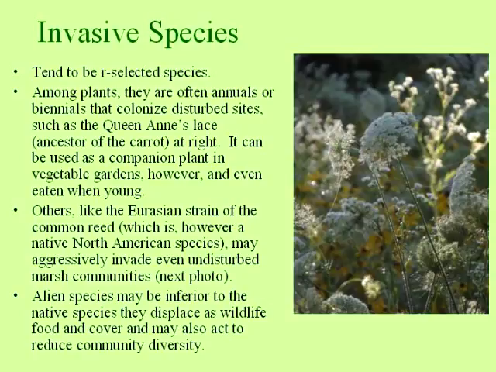up to big numbers. They also tend to be R-selected species, species that produce many young, or in the case of plants, many seeds. And a lot of these R-selected plant species are things that can rapidly colonize disturbed areas.